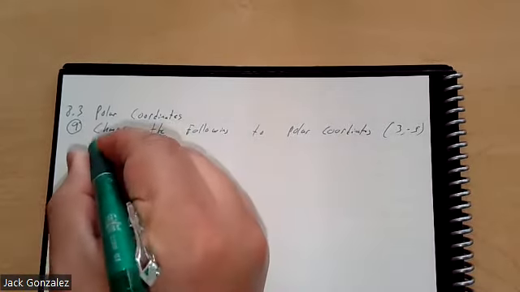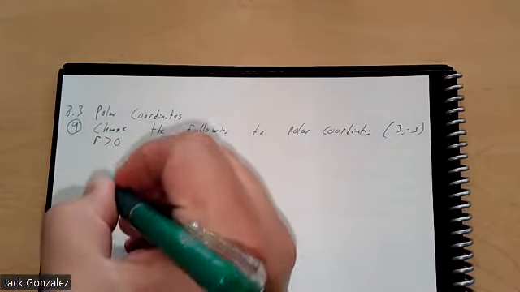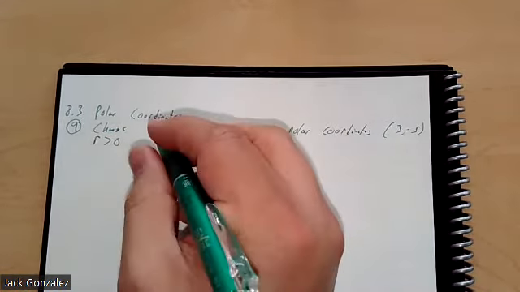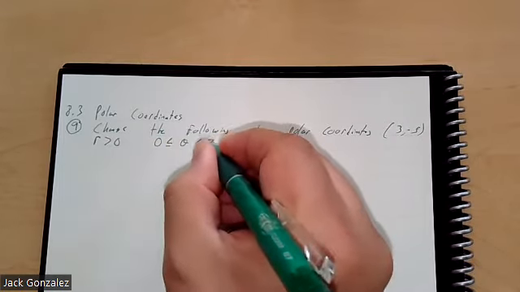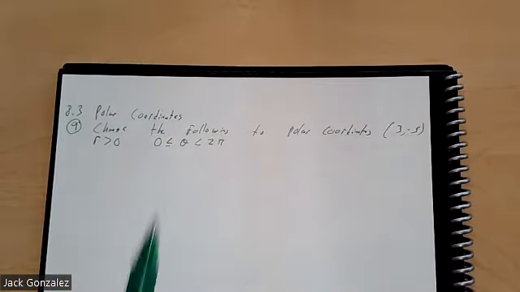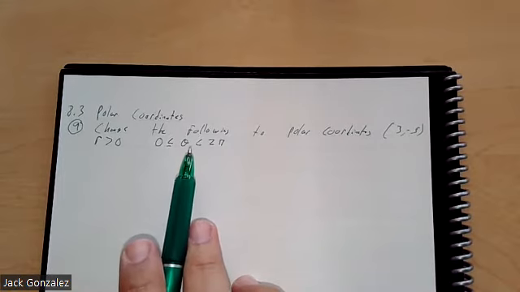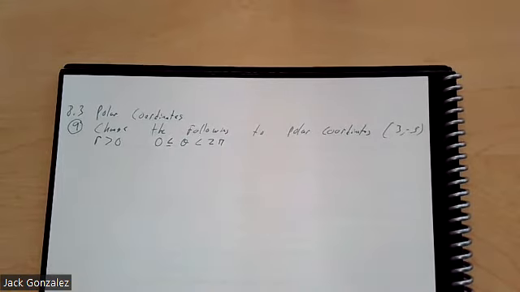The restriction they give us is that they want r to be positive, and they want theta to be between 0 and 2 pi. This is the hint that you should be using radians, but I don't care if you use degrees. I'm going to use degrees the entire time, and feel free to do so on the exam. I would prefer it.